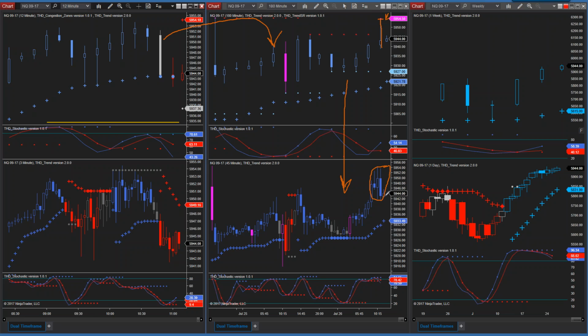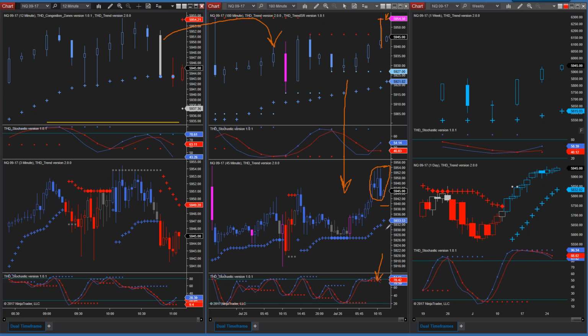So that means that the bar that is currently forming should come down and make a low. In addition to that, if you look at the stochastics, you see that the stochastics is oversold. Again, confirmation that this market is probably going to come down.